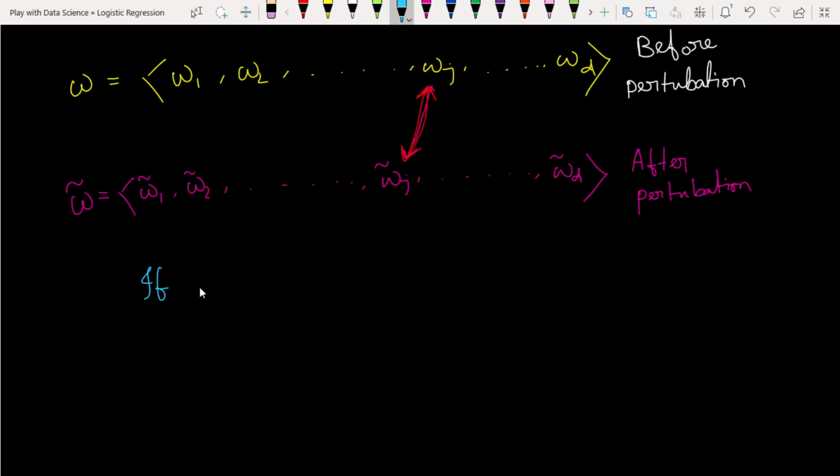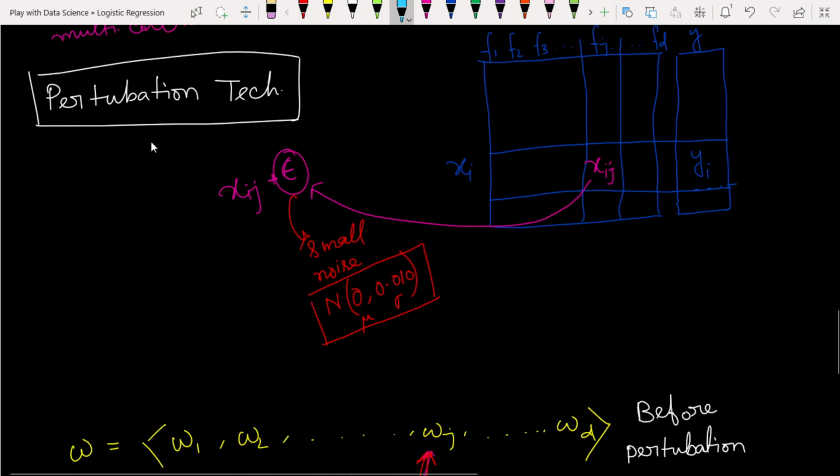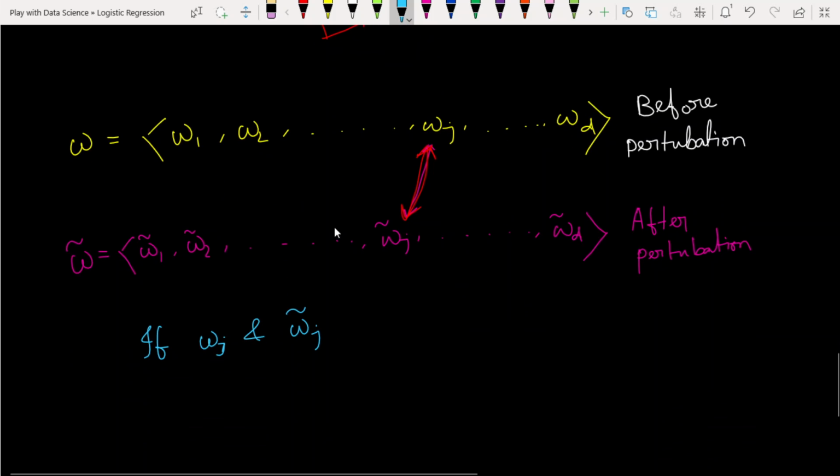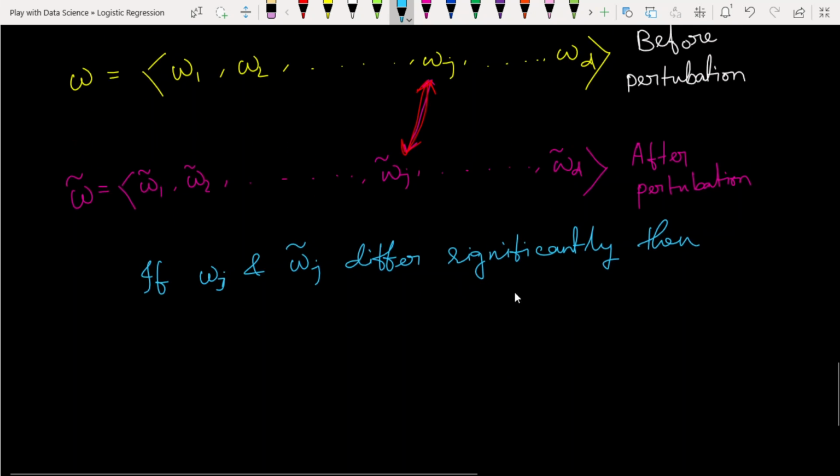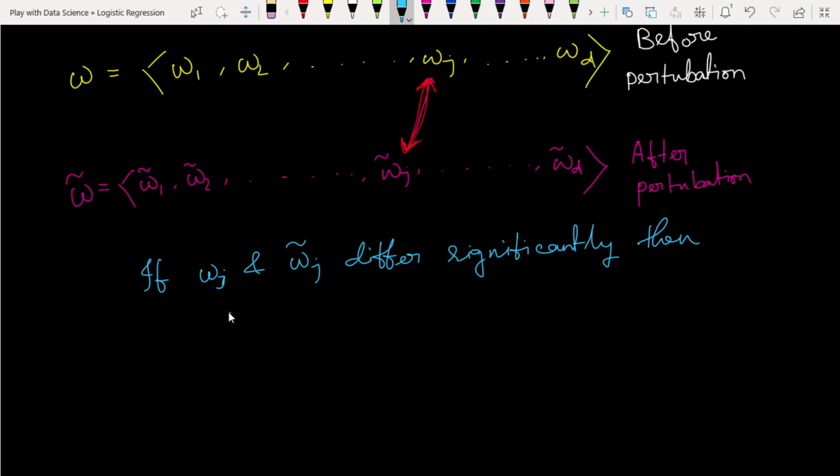Here we have taken wj. If wj and wj tilde, after using this perturbation technique, that is, adding small noise using this distribution to our data sets and getting this w tilde vector, differ significantly, then we can conclude that our feature vectors are collinear.